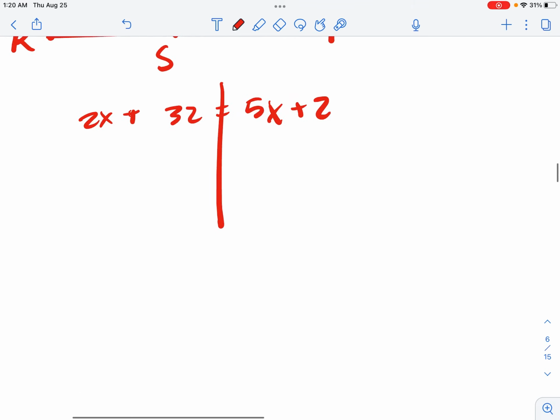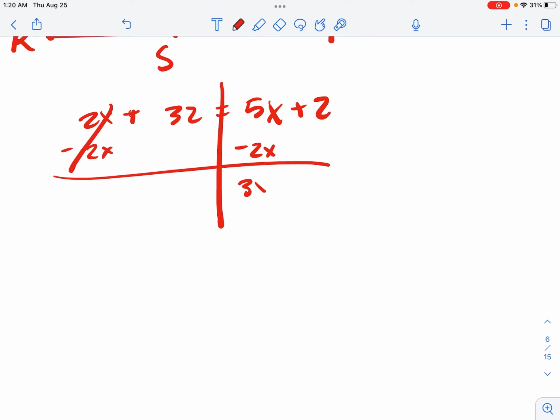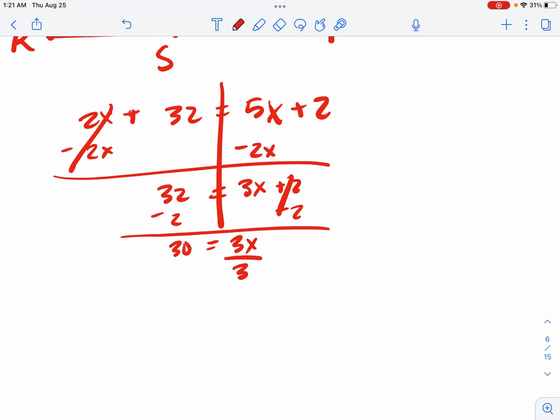If you want to put the line dividing it, that's awesome. If not, that's okay. I'm going to bring the 2x's to the right side. Get rid of this. We should get 3x plus 2 is equal to 32. Then we subtract 2, subtract 2. We should get 30 is equal to 3x. Divide both sides by 3. You should get x is equal to 10.